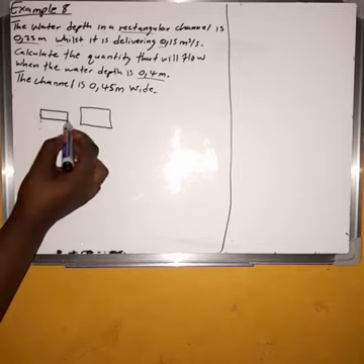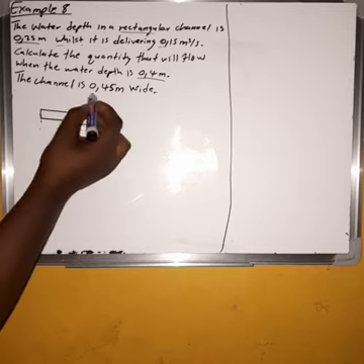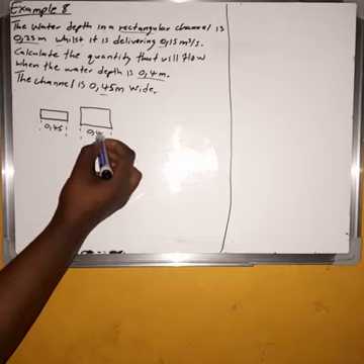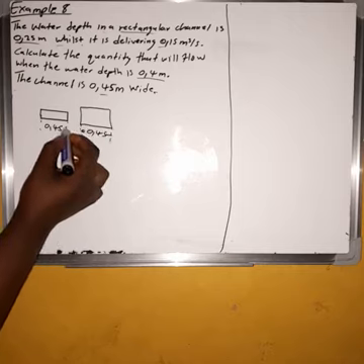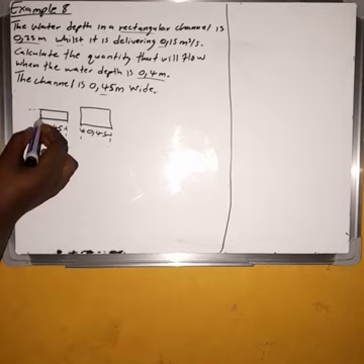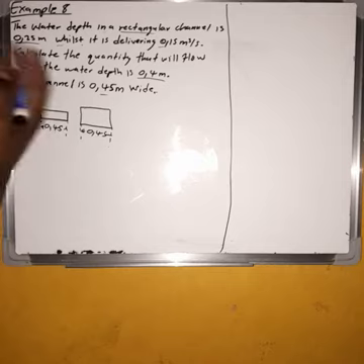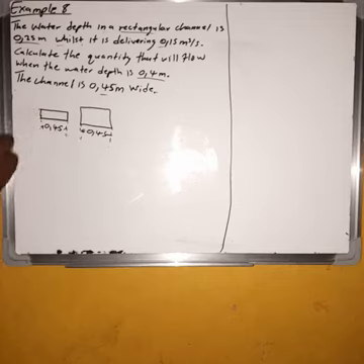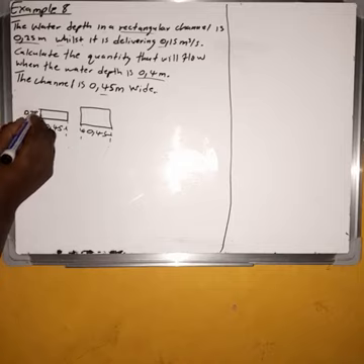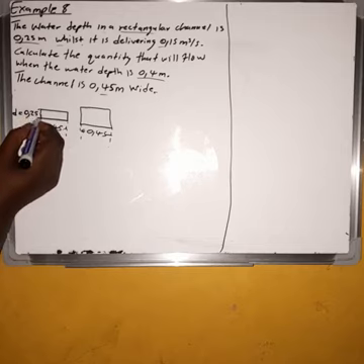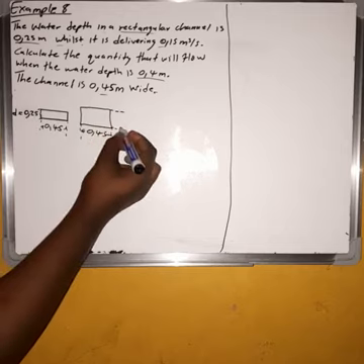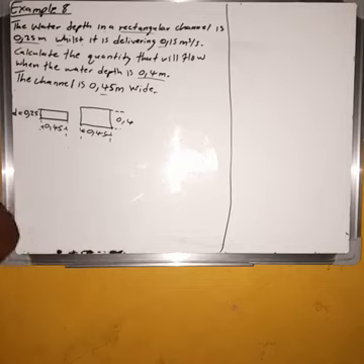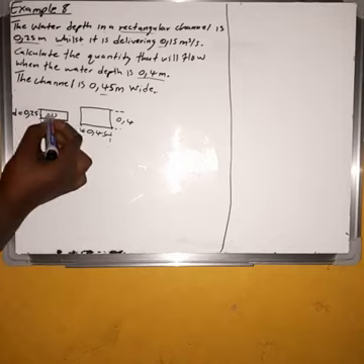The width is the same, 0.45. The depth of this one is 0.25, and the depth of this one, let's say, is 0.4. This is rectangle 1, and this is rectangle 2.